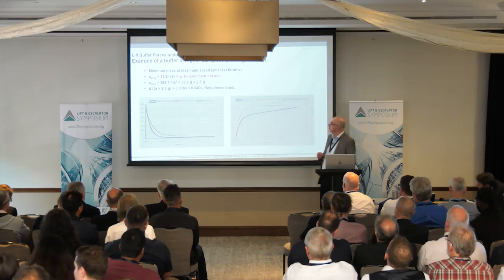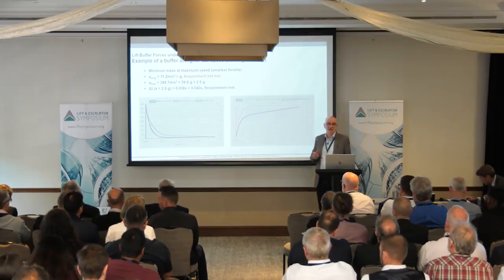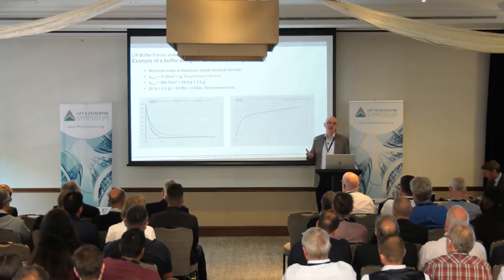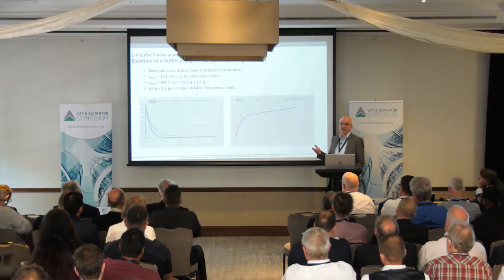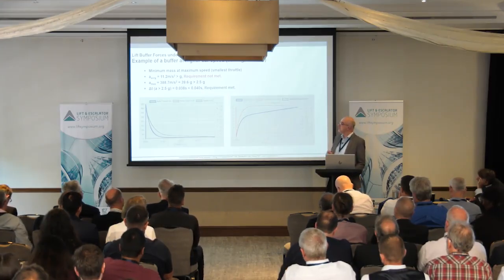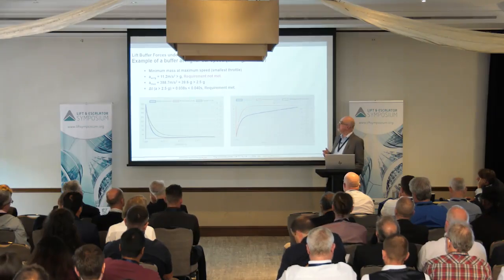So this helped. The average deceleration requirement we cannot meet, because the buffer was originally created for 115% speed, and with 125% you are not able anymore to reach this target.